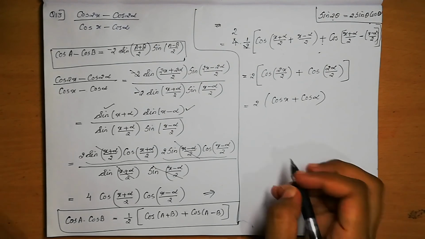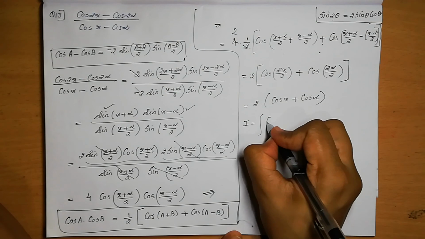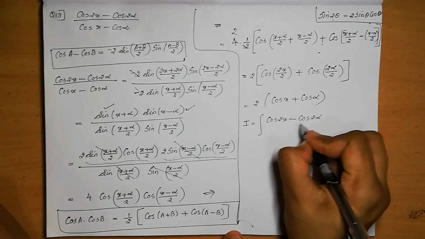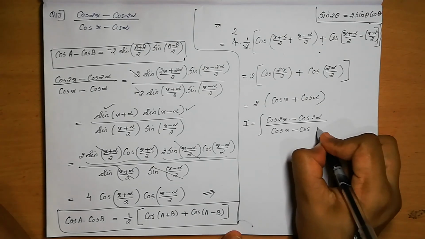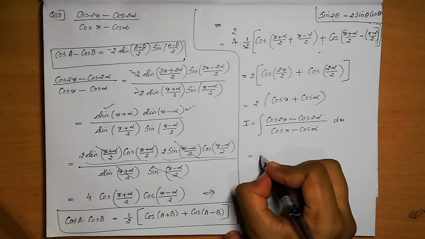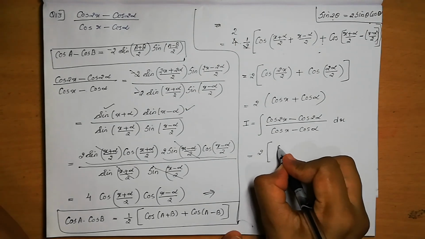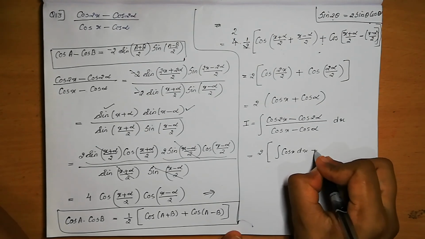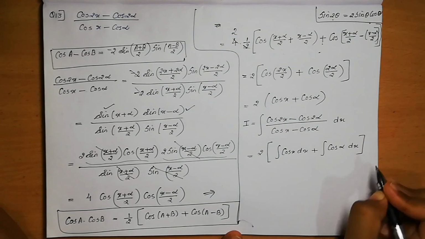Now we can do the integration. So I equals integral of (cos 2x minus cos 2 alpha) divided by (cos x minus cos alpha) dx. Here we can write the 2 outside, as 2 is a constant: 2 times the integral of cos x dx plus the integral of cos alpha dx.